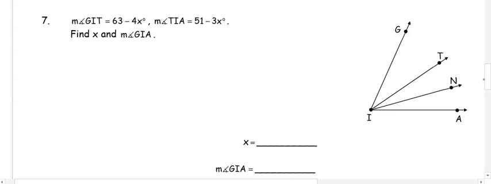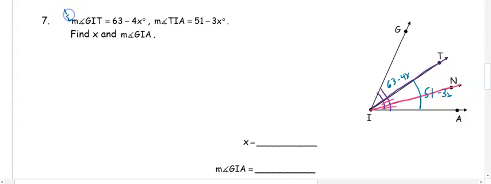In number 7, remember again, IT splits the angle in half, and IN splits the angle in fourths. So we have GIT is 63 minus 4x, and TIA is 51 minus 3x.